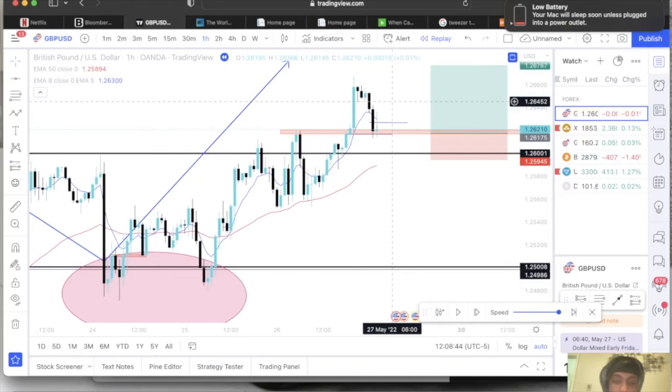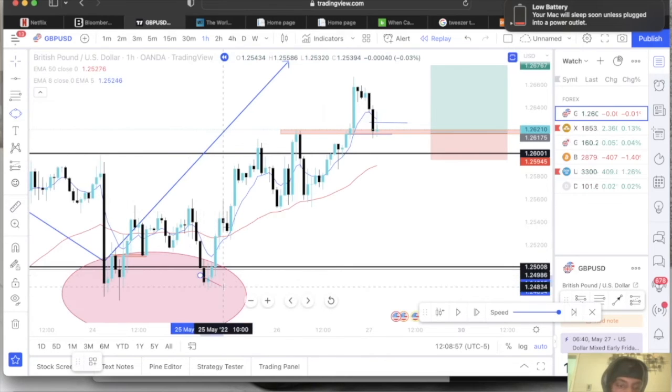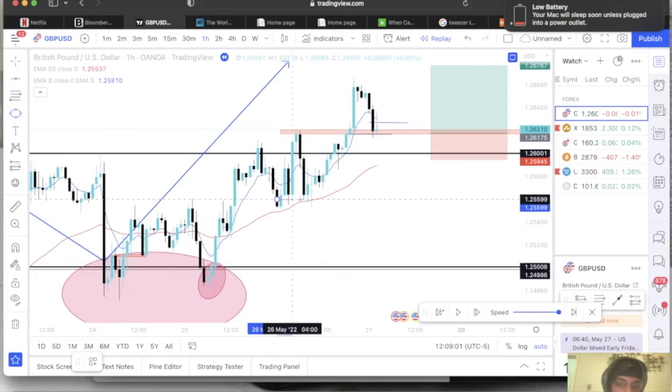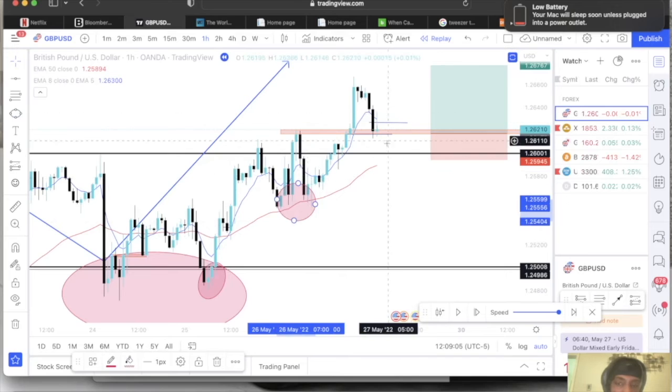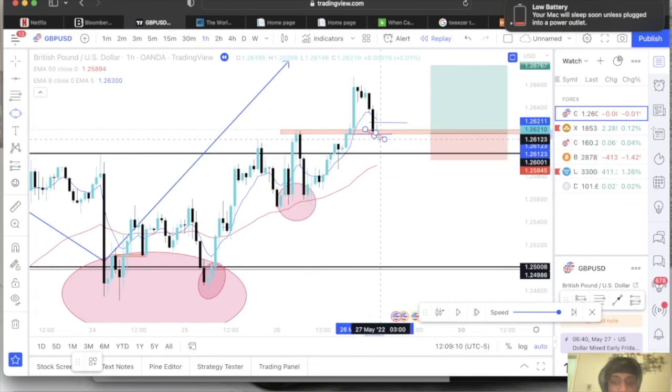But during the London session, you can see price did highs, lows. You can tell just by marking up high, low, high, low, high, low. It's trending up.